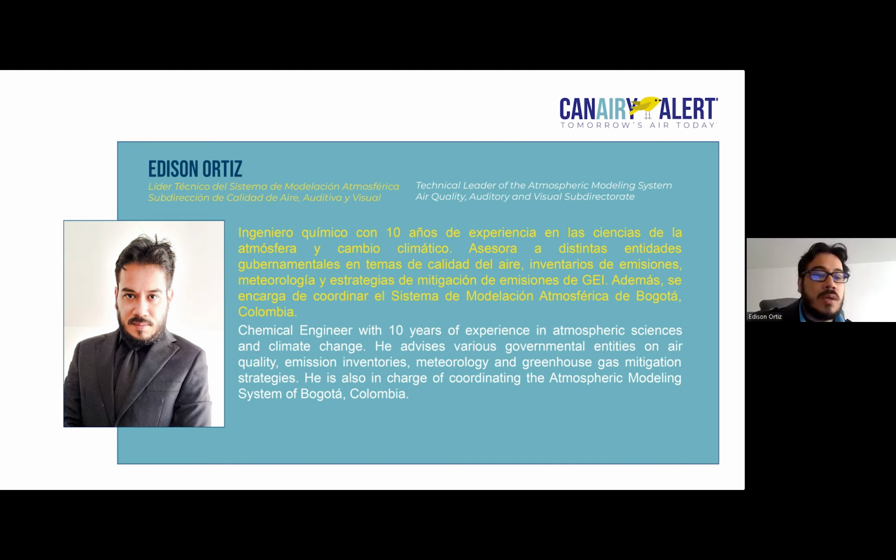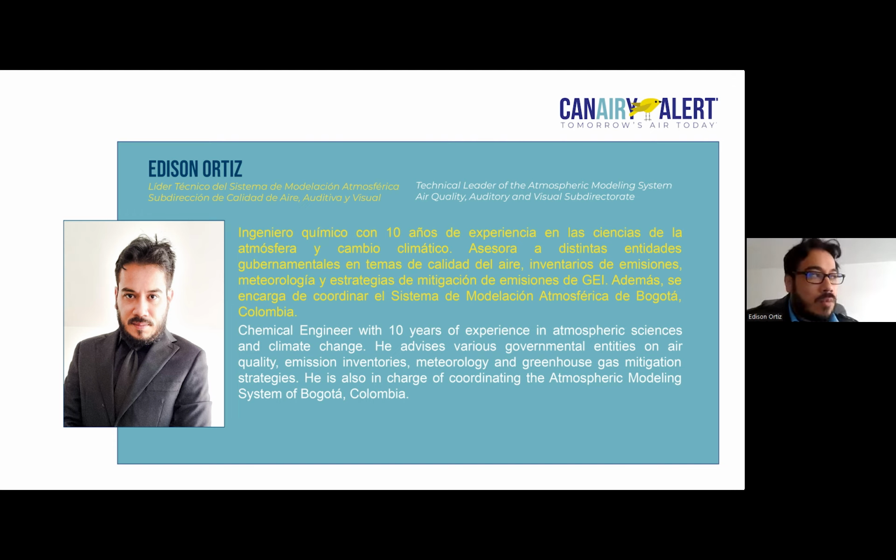And since this was so important, we were able to fine-tune methodologies throughout time, and we were able to clearly identify the sources to know where the emissions came from. And by doing that, we were able to prioritize some areas that needed to be depolluted or decontaminated first.